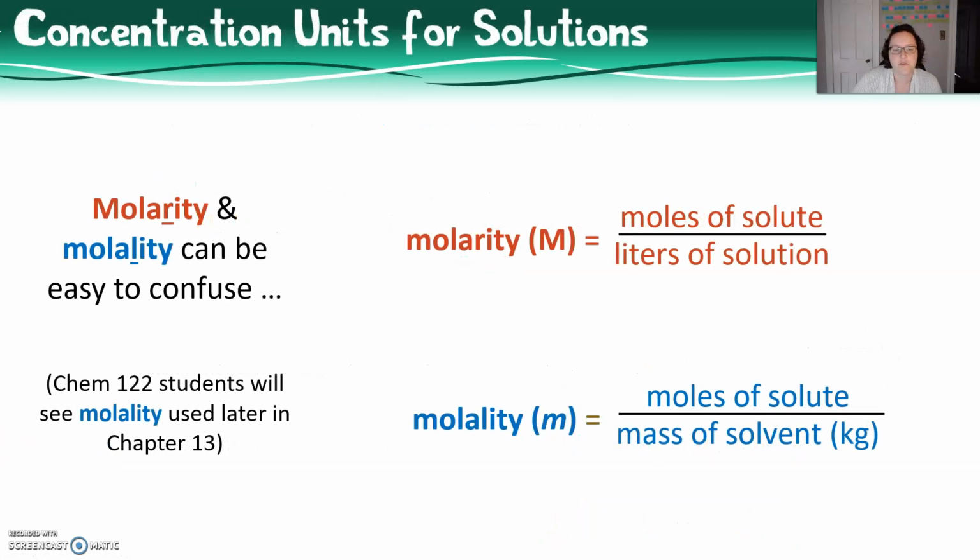Now, a word of warning for those of you going on to Chem 122 or who use the internet for study resources. There's another form of concentration called molality that is different from molarity, but is often easy to confuse as they have only one letter difference in their names. And the variables are both M, but one is uppercase and the other is lowercase. We will not introduce molality until Chem 122, but keep an eye out for it now so that you don't get confused.